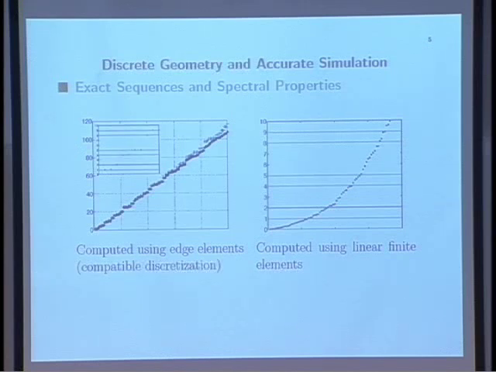These are finite element schemes which preserve the exact sequence property. If you look at the inset here, you'll see that the numerics gives you eigenvalues at what the true values are. Those straight lines are what the true eigenvalues of the object are, and those dots you see here are what your numerics is telling you. Whereas if you would compute this using, say, linear finite elements, then you get a bunch of eigenvalues which basically tell you nothing at all.